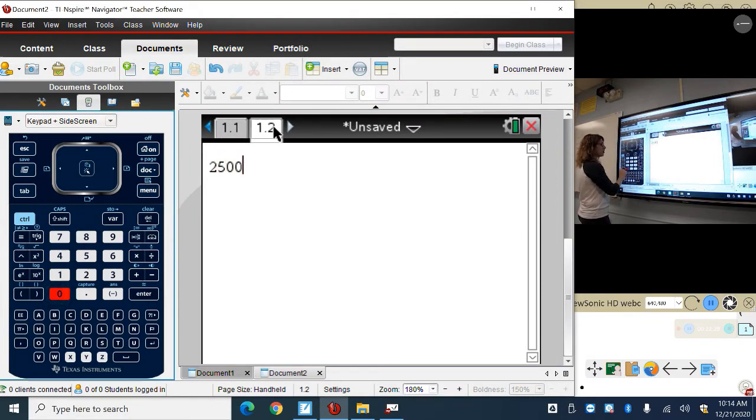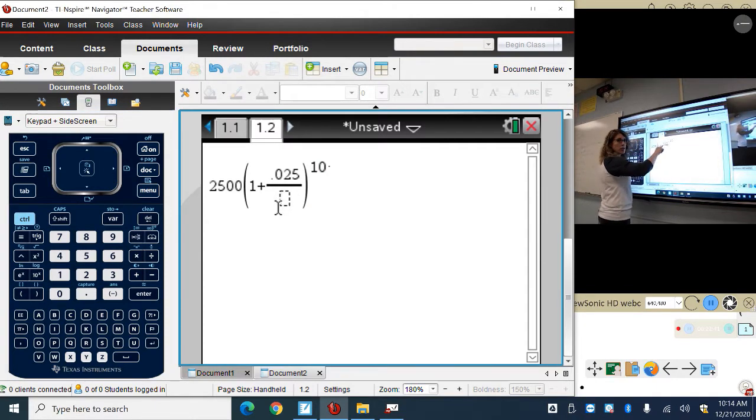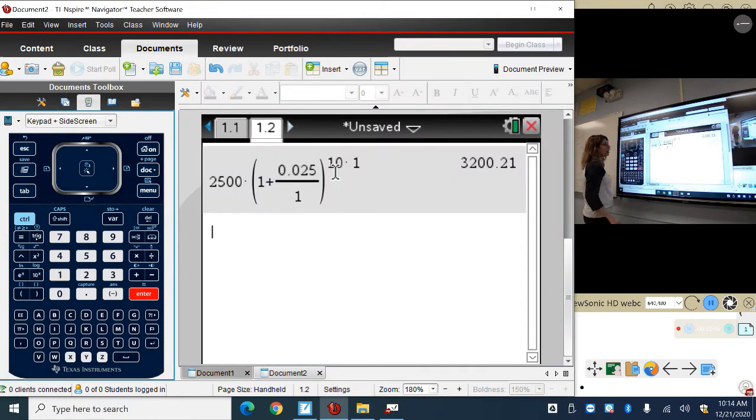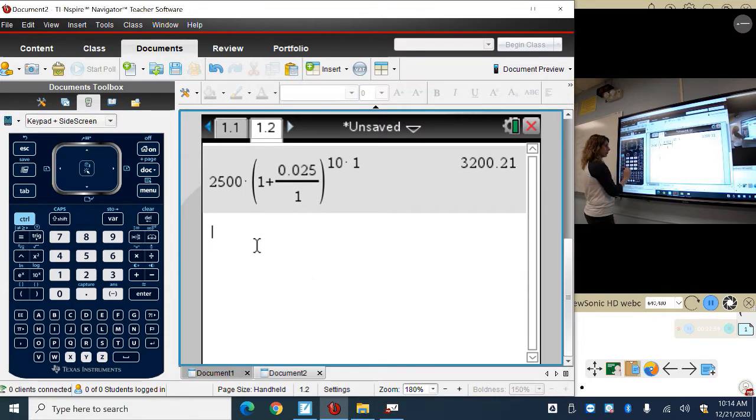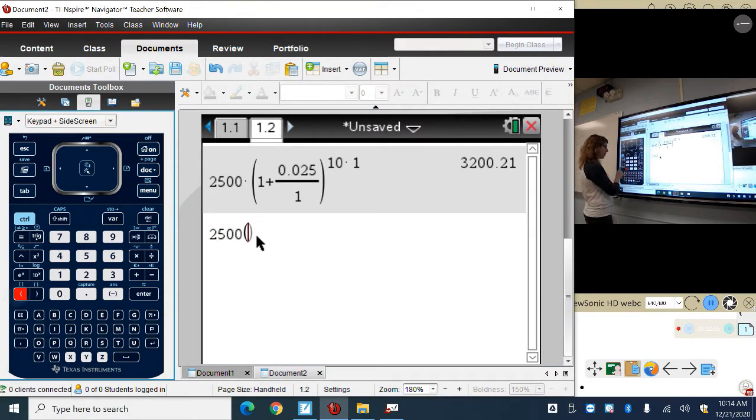My principal was 2,500, parenthesis 1 plus 0.025 divided by N, raised to the 10 times N, where N is what is in those positions. So if I want 1, I'm going to put a 1 there. So I'm going to arrow back and change the 1 to a 2. Or it's going to delete the whole thing, which is really magnificent, I might add.